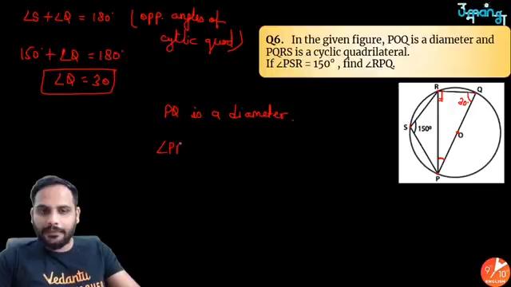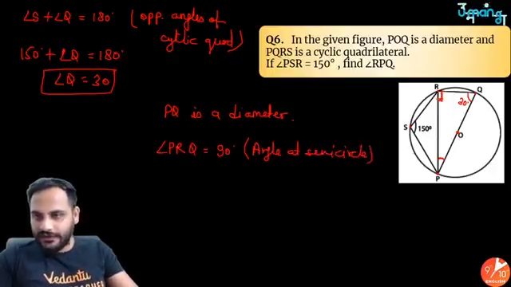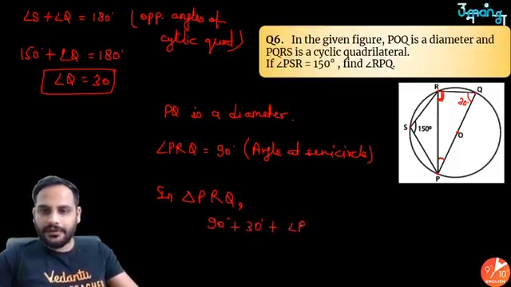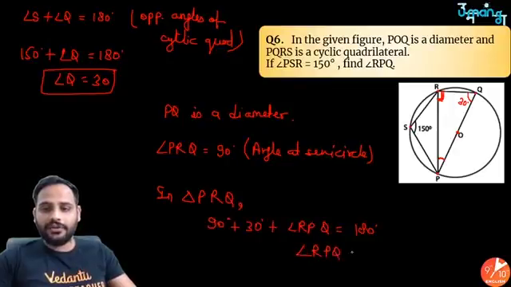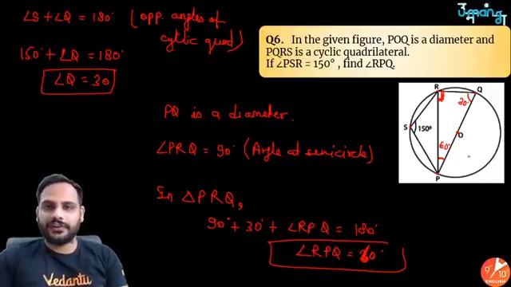Now in triangle PRQ, 90 plus 30 plus angle RPQ is equal to 180 degrees. You get angle RPQ as 60 degrees. So the value of angle RPQ will be equal to 60 degrees.